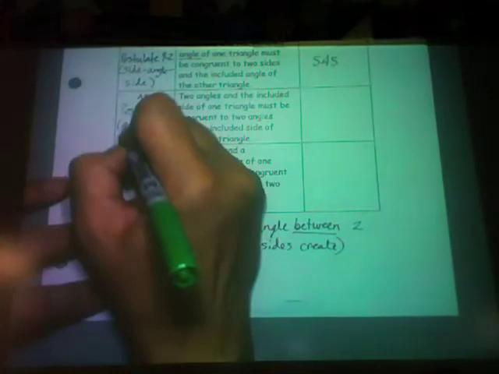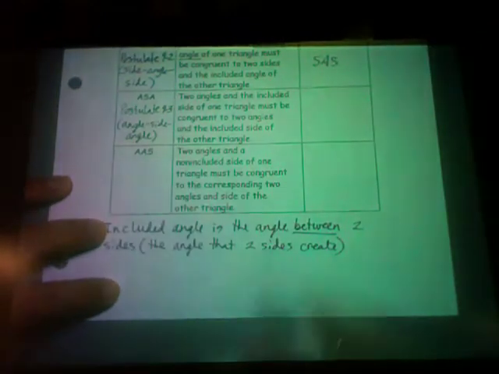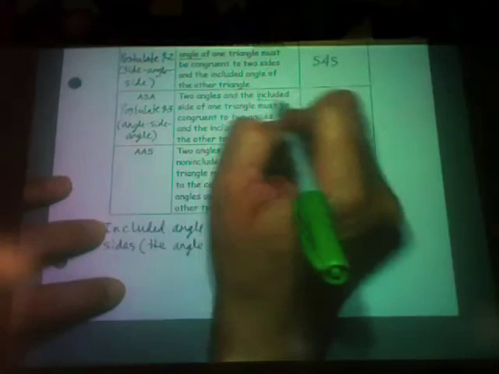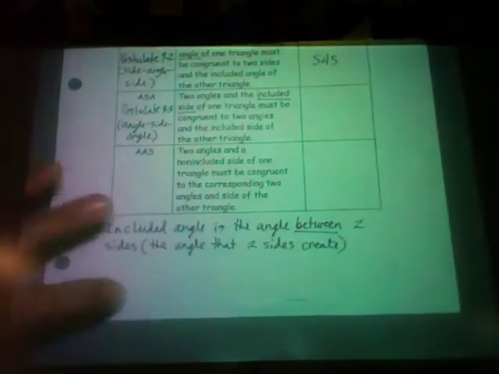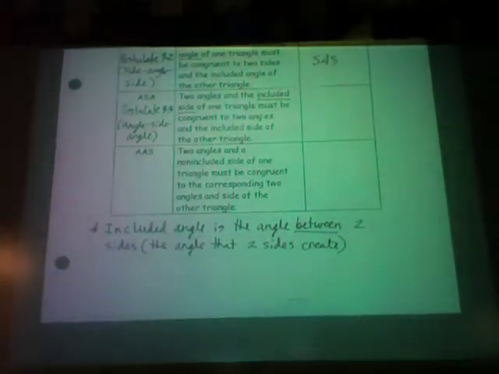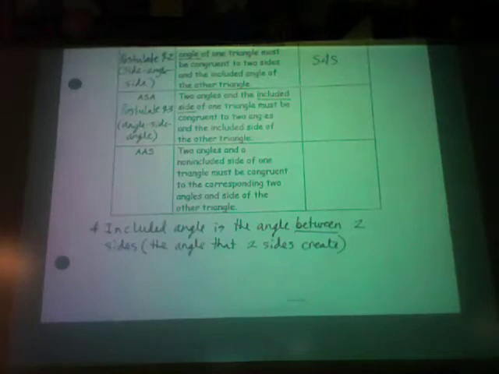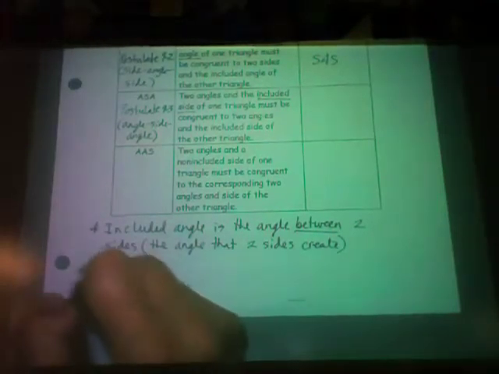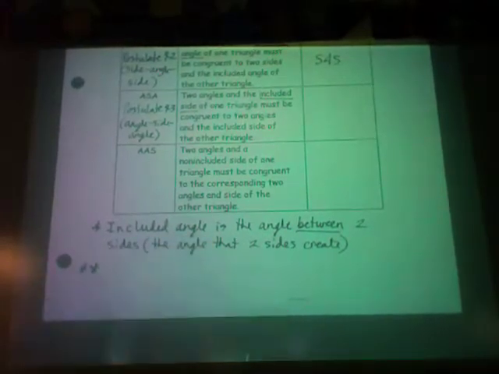And you're right, it's angle, side, angle. And notice that this time we have two angles and the included side. So this time we don't have an included angle, we have an included side. So what do you think an included side is going to be? Yeah, the side in between two angles. I'll draw a picture of that in a minute.